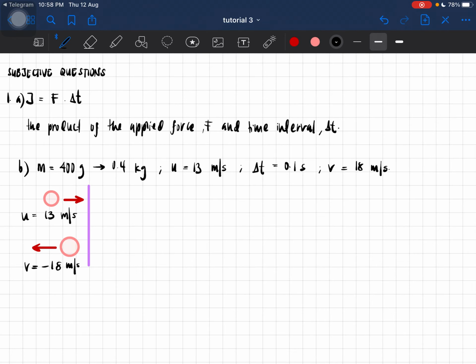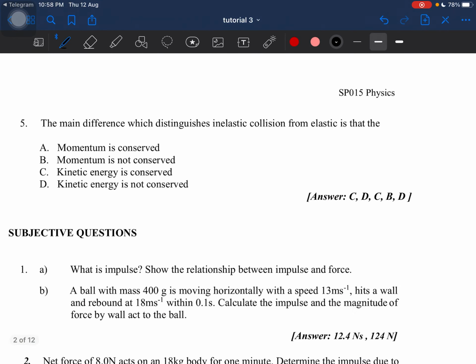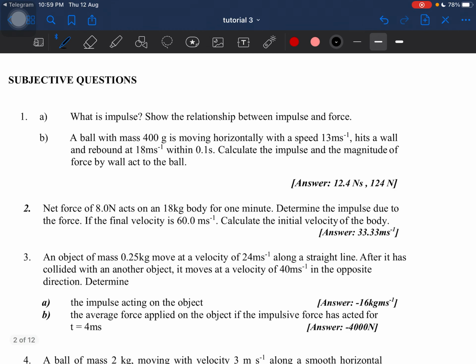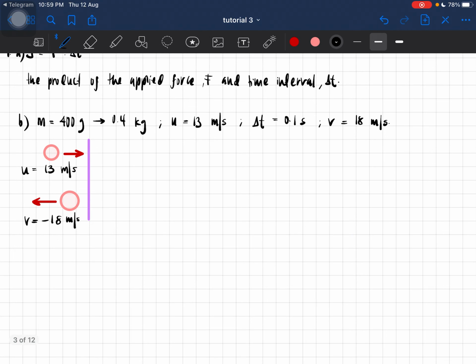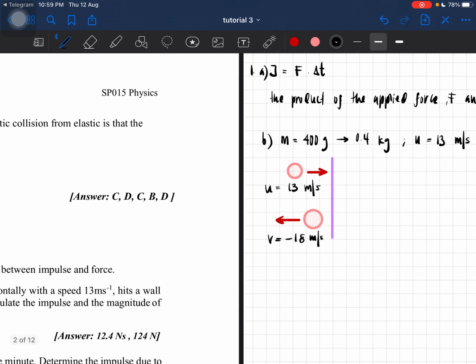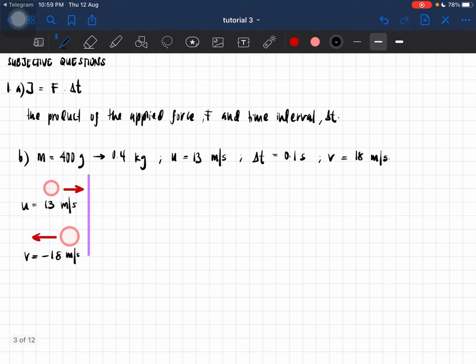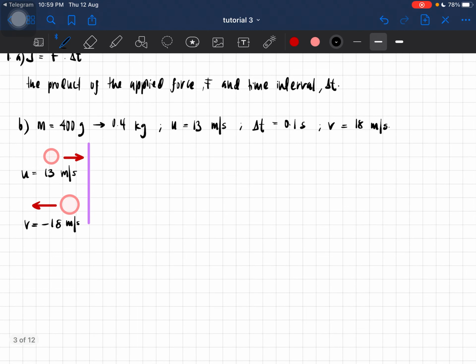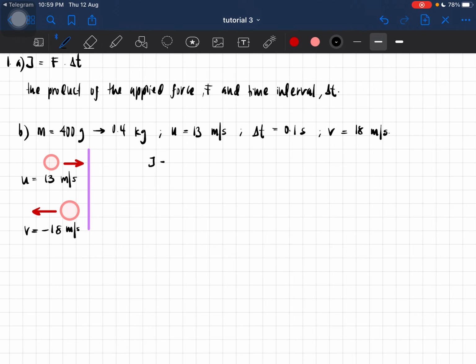And then what else do we have? I think that's basically the information that we have. Now we can try to find the impulse as well as the magnitude of force. Alright, so we know that impulse can also be calculated using J equal to delta P. Delta P here is our change in momentum. So change in momentum is m(v minus u), right?